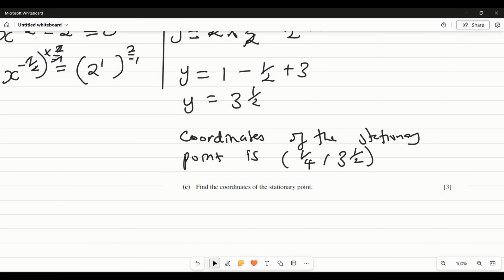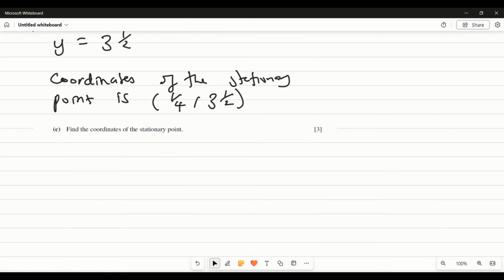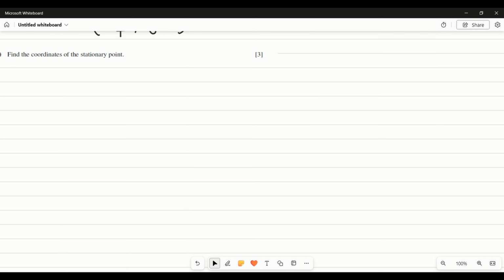Remember, our gradient function was given in the question. It was dy over dx equals x to the power of negative half plus k, of which k we got as negative 2. So to get the second derivative, we have to differentiate this.